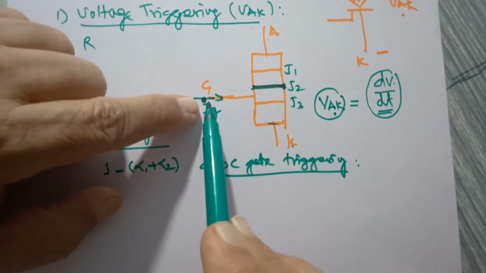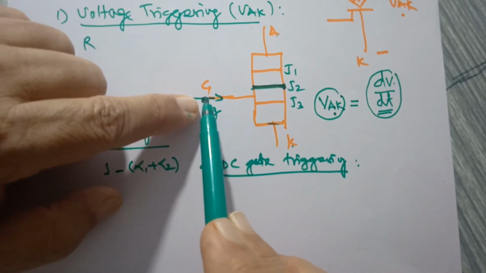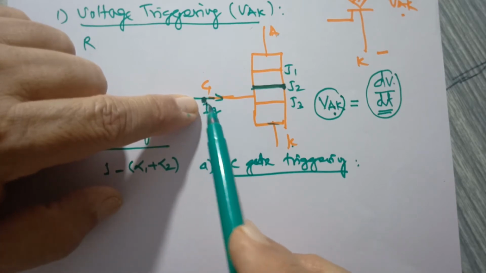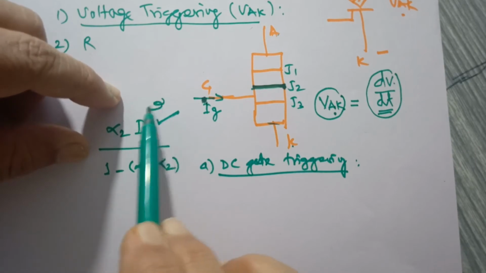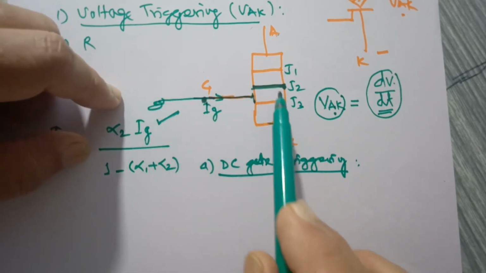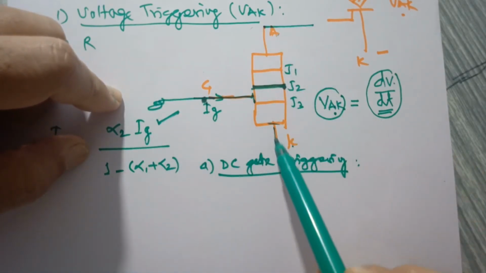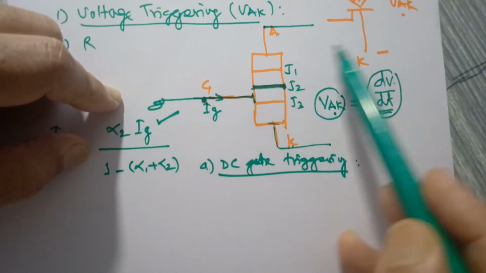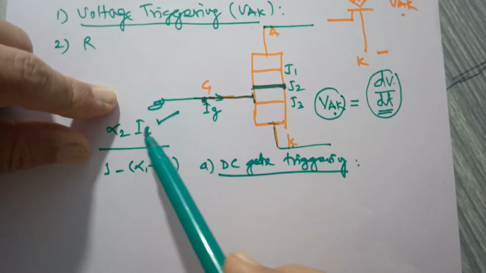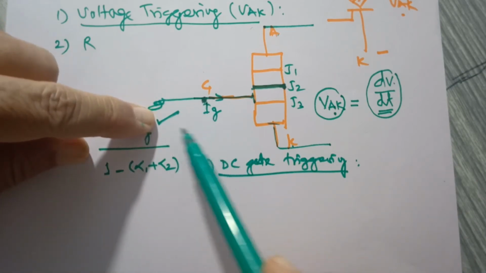There are two drawbacks of using the DC voltage. With DC voltage, isolation is not possible because the gate control circuit is directly connected to the gate, and this SCR is directly connected to high voltage. So there can be a sort of feedback from the high voltage power circuit to the low voltage control circuit.